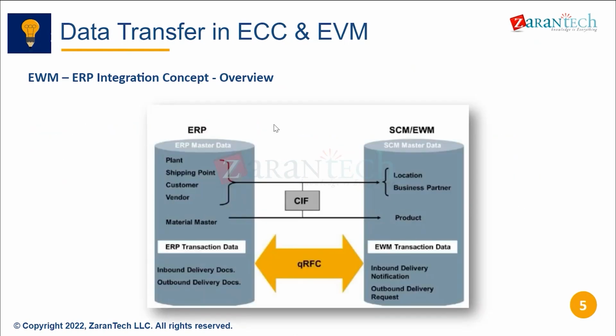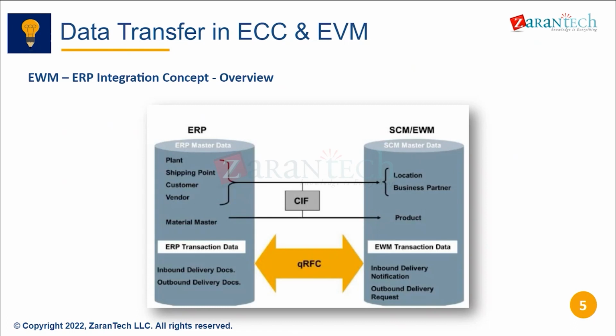Now you can see here how the master data is transferred, as I showed you in the transaction code. The plant data, shipping data, whatever the master data, will be sent through the core interfaces. In ERP, all this data is your locations and business partners. Shipping point, plant, vendor, customer, all will be considered as a business partner, only the role of that business partner will be different.